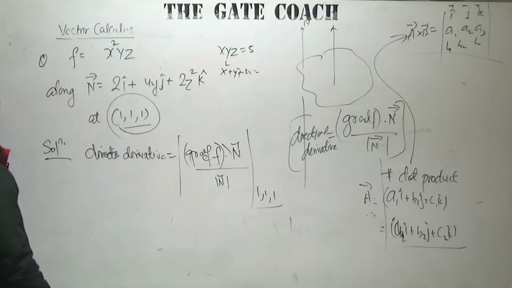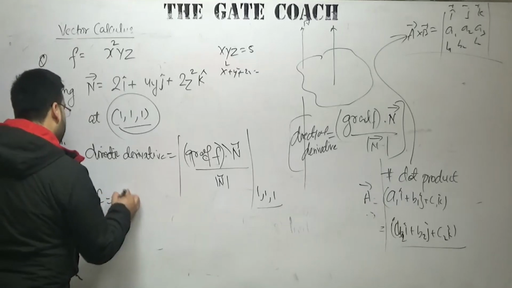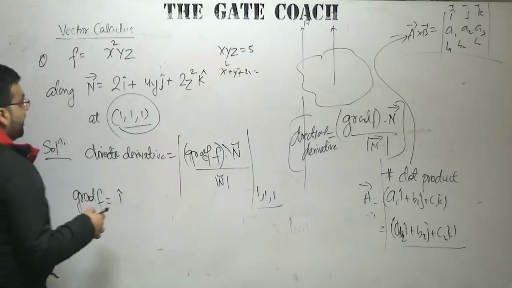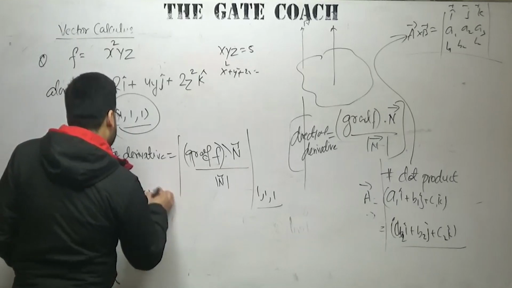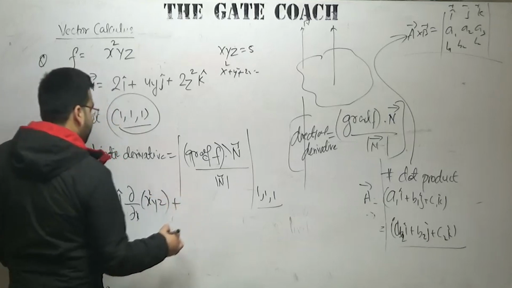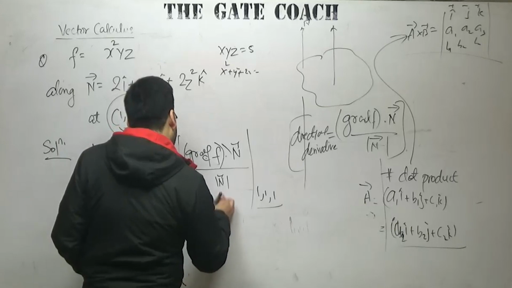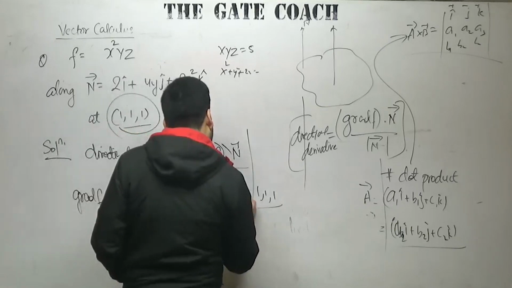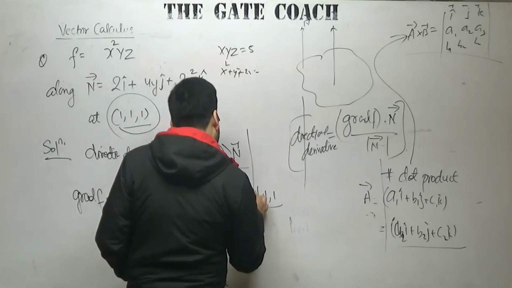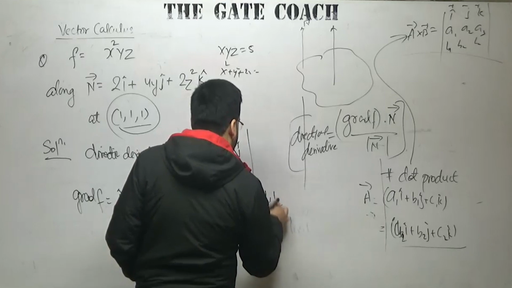First of all, calculate the grad f. So grad f will be equal to i cap dou by dou x of x square yz plus j cap dou by dou y of x square yz plus k cap dou by dou z of x square yz.